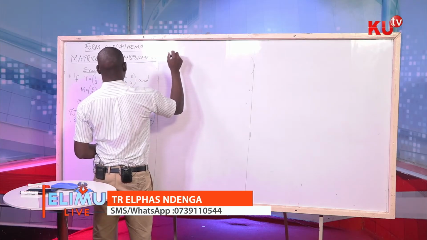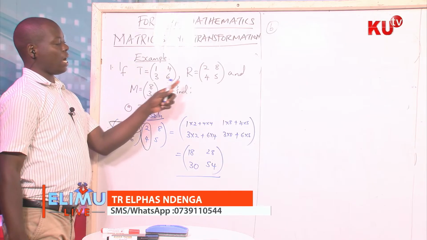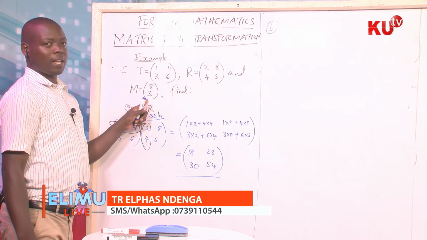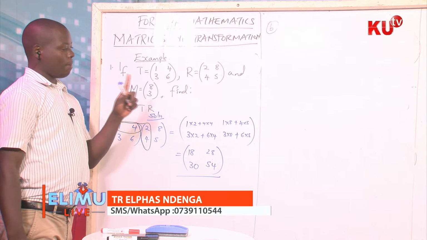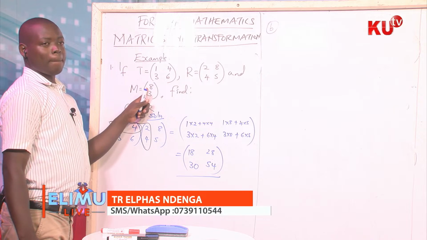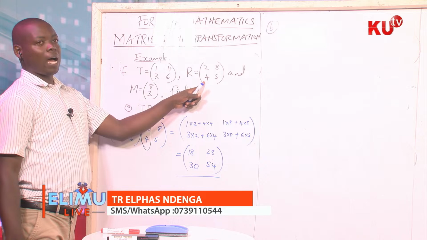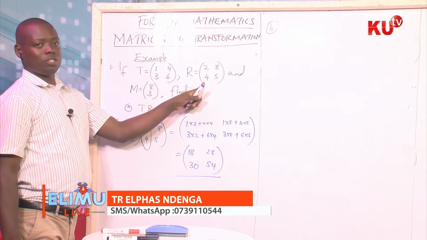Now, number 2, we have to look at the matrix R against the matrix M. Remember, the matrix M is of order 2 by 1, and the matrix R is of order 2 by 2.